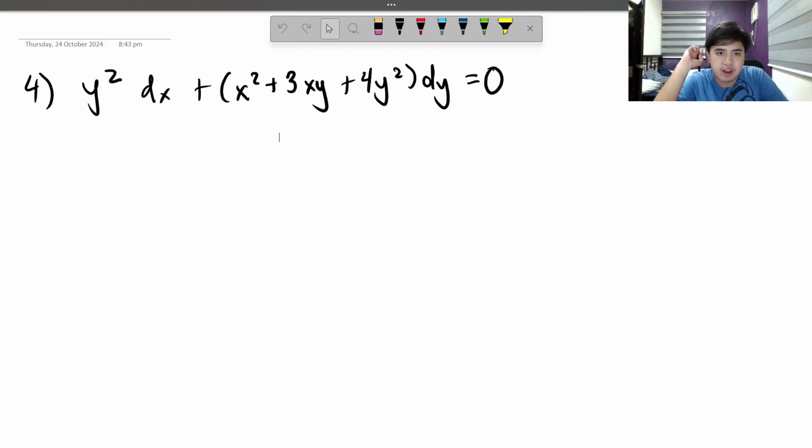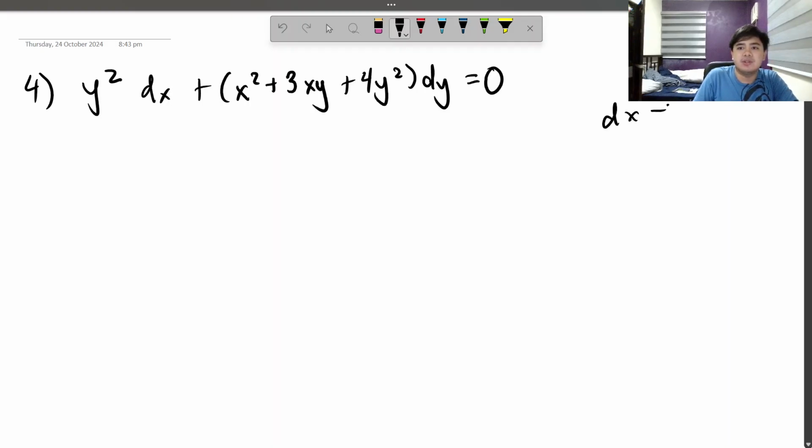But we can also divide by y squared if we're so inclined. And how would that benefit us? There's this dx here. It's alone. If we divide both sides by y squared, this would be more alone. I would like that. So promote dx to x prime and promote dy to nothing, just one.